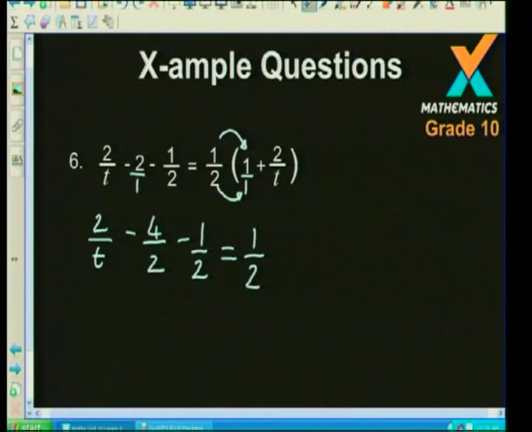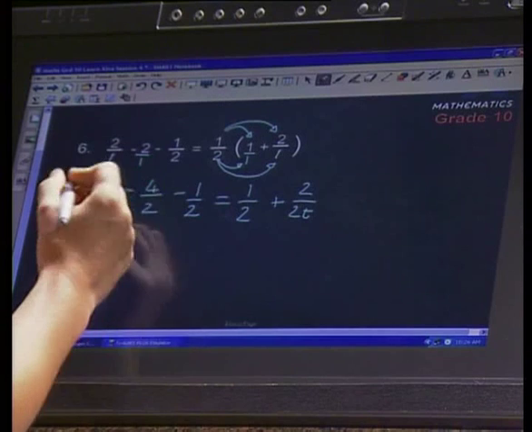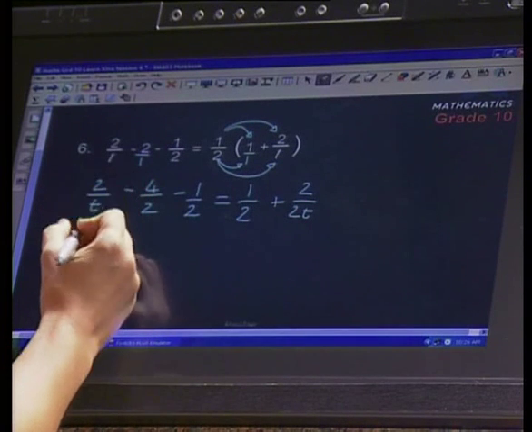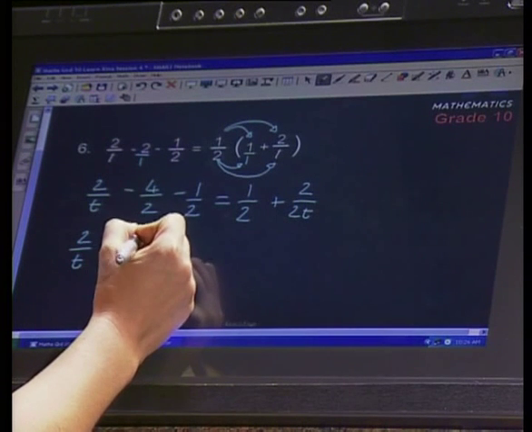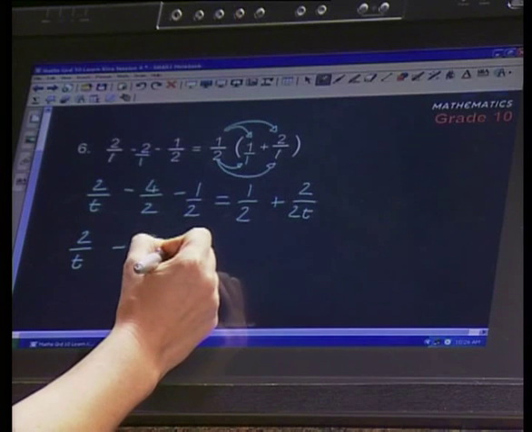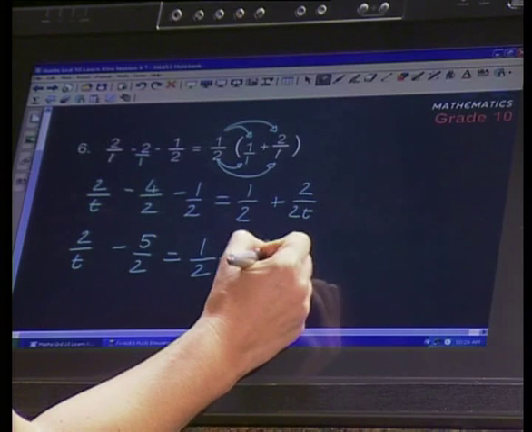And so 1 over 2 times 1 over 1 gives us an answer of 1 over 2. 1 over 2 times 2 over t is going to give us an answer of 1 times 2 is 2, and then 2 times t is going to be 2t. Let's simplify as much as we can before we find our lowest common denominator. So we have 2 over t minus 5 over 2 is equal to 1 over 2 plus 2 over 2t.